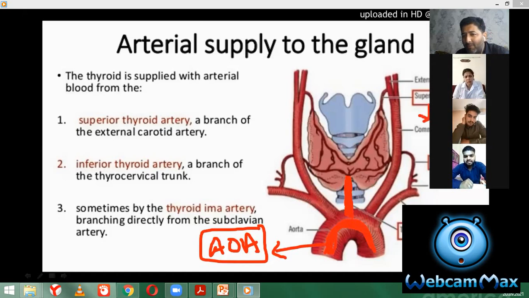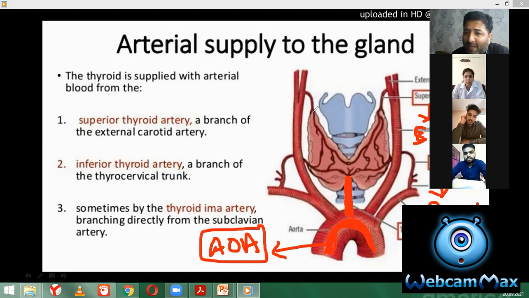Why is it important? Because this artery is in close relation to your superior laryngeal nerve. Very important. And the inferior thyroid artery is in close relation to your recurrent laryngeal nerve. So when you are ligating these arteries during a thyroidectomy procedure, Jat Sahab, you must be very careful.